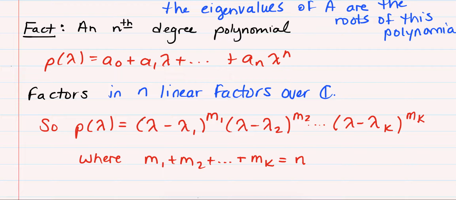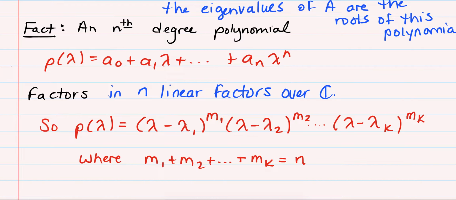So the thing is, we're factoring a polynomial, and because it is degree n, sometimes you're going to have something like x minus 2 squared. As long as these m's add up to n, it will be an nth degree polynomial factored.